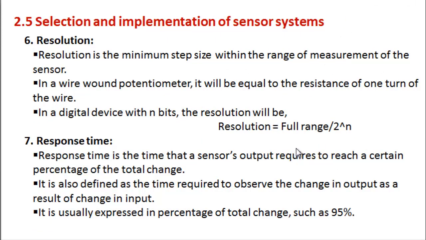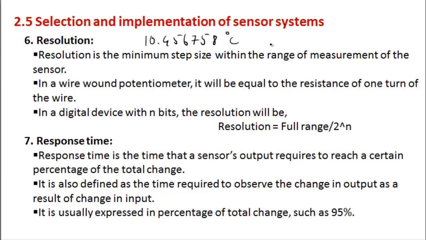Resolution, the next criteria that is used for selecting a sensor system. Resolution is, basically speaking, suppose you are trying to measure the temperature of some body whose temperature is, let's say, 10.45678 degree Celsius, suppose.